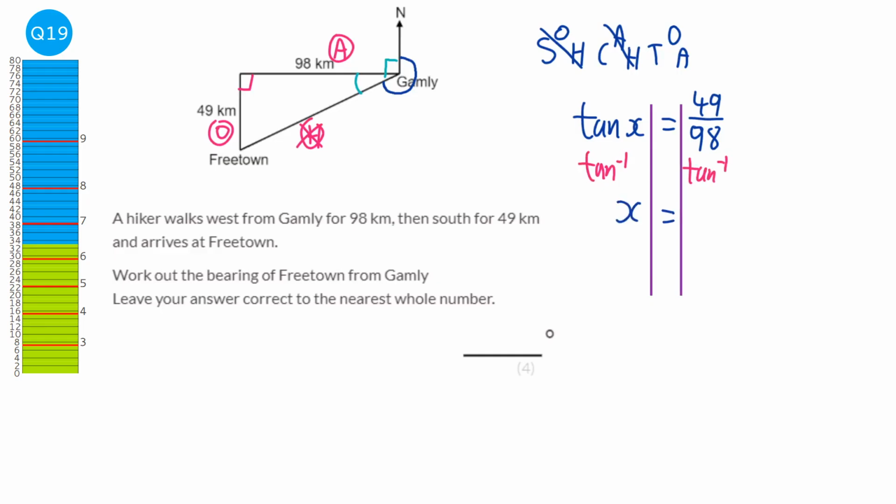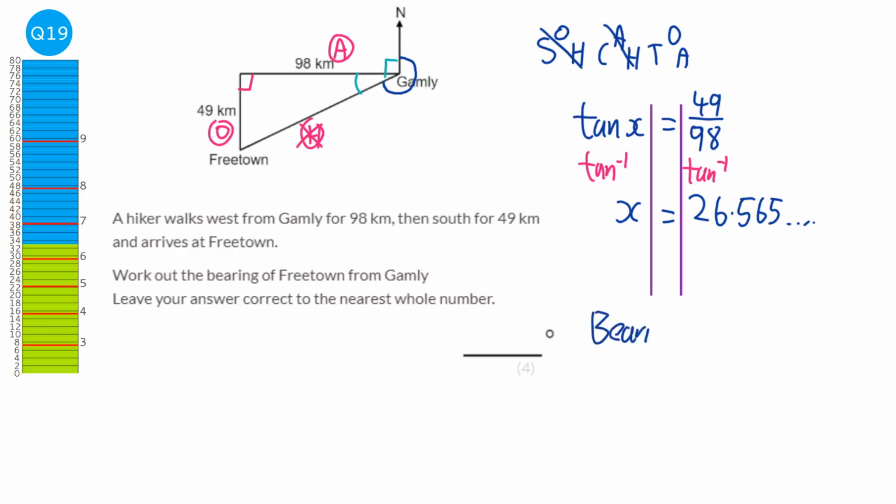So we get x equals inverse tan, which is 26.565. Okay, so we know that the whole of the way around, up until this point, is 270, because we've got this 90 degree left. So what I'm going to do now is work out the bearing.